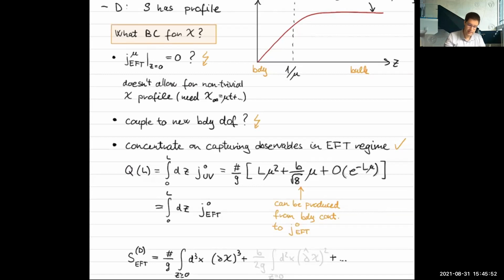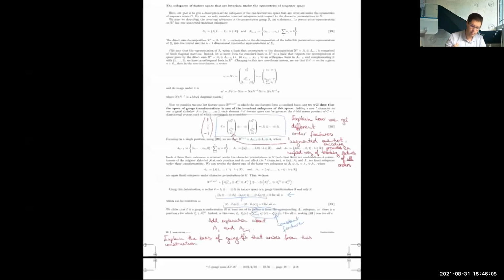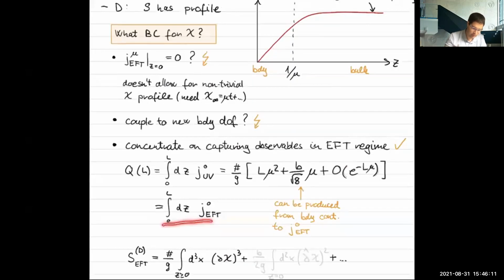So this constant contribution, constant in the sense that it doesn't depend on L, can be reproduced from a boundary contribution to the EFT charge density. So if we want to obtain the same answer, then we want to integrate the CFT charge density from 0 to L and get the same answer.